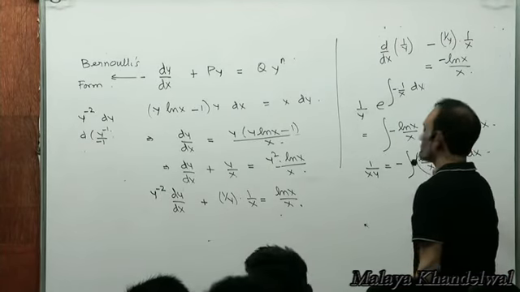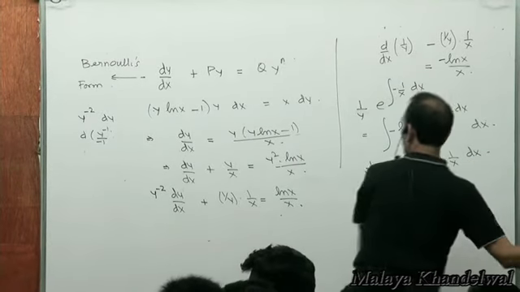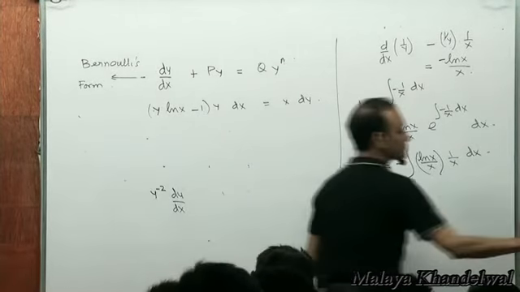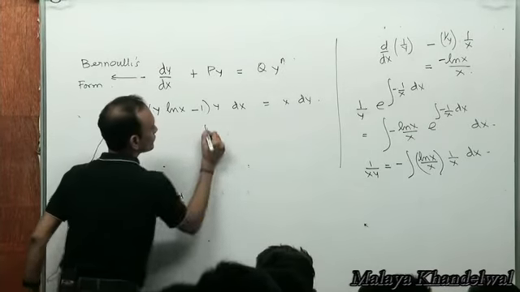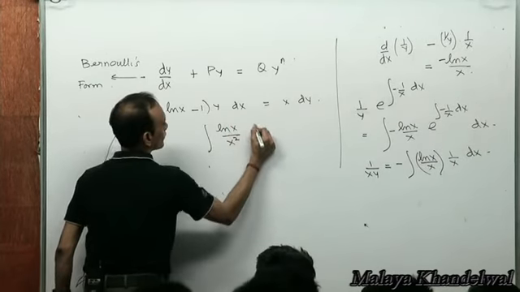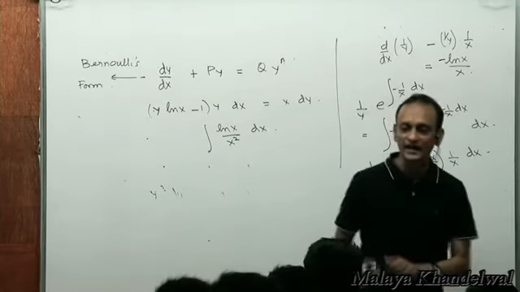No, but then there is this 1 by x also sticking out, d log x. But let me see if this can be integrated. So essentially I'll have to integrate log x by x squared.